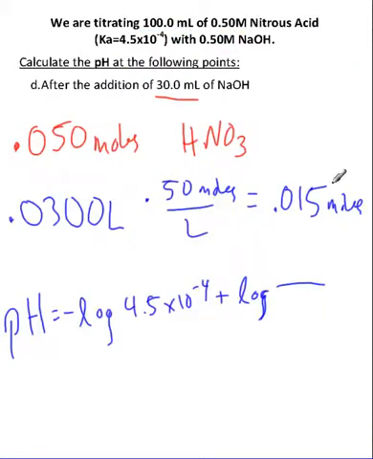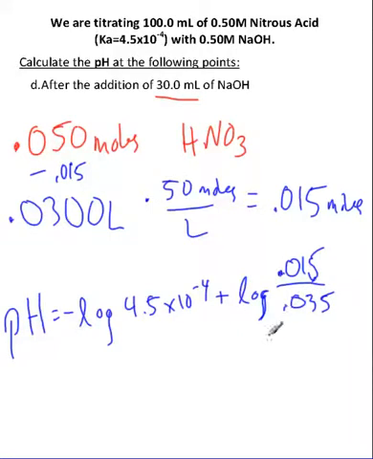So if I add 0.015 moles of a strong base, I'm going to make exactly that much of my conjugate base, so this is going to be 0.015. I also know that every time I made a conjugate base, I had to get rid of an acid, because the acid makes its conjugate base. So it's going to be this value minus 0.015 for my number of moles of acid down here at the bottom of my equation, and that would be 0.035.